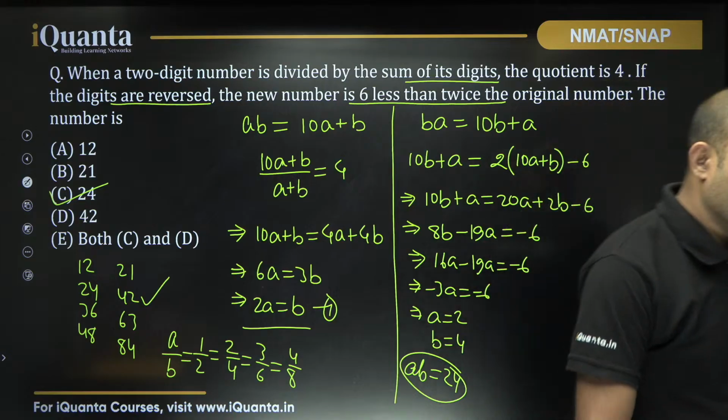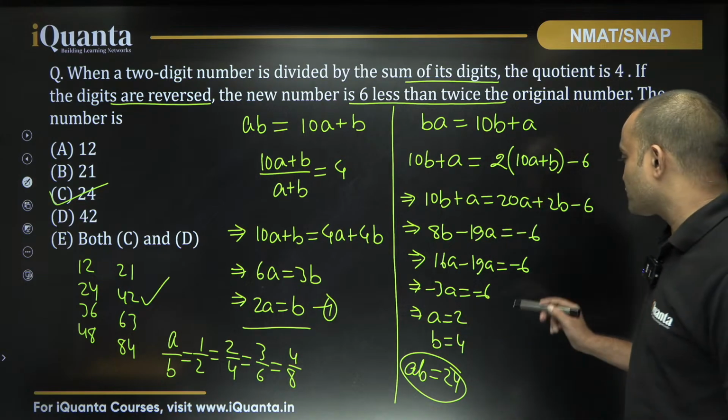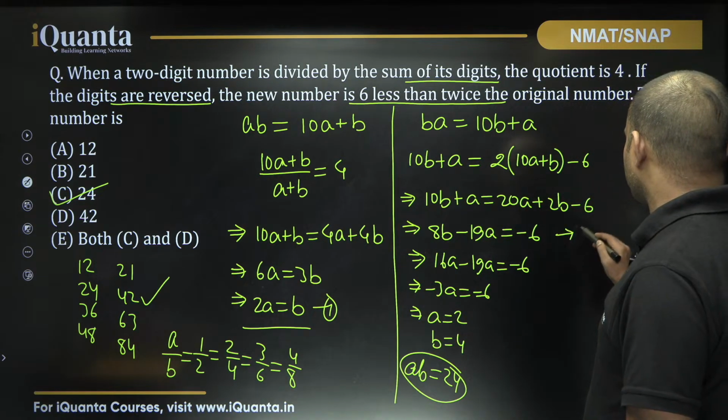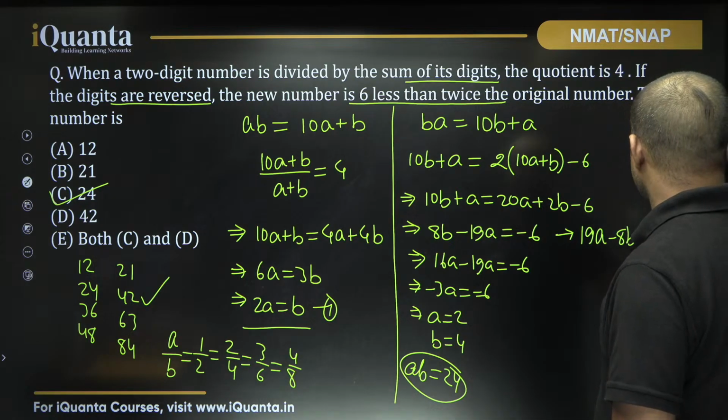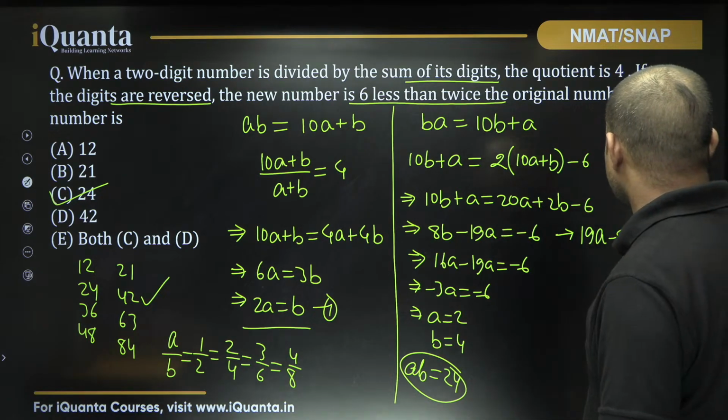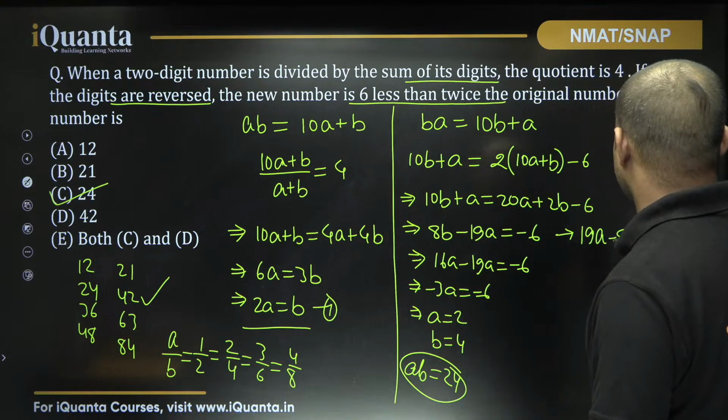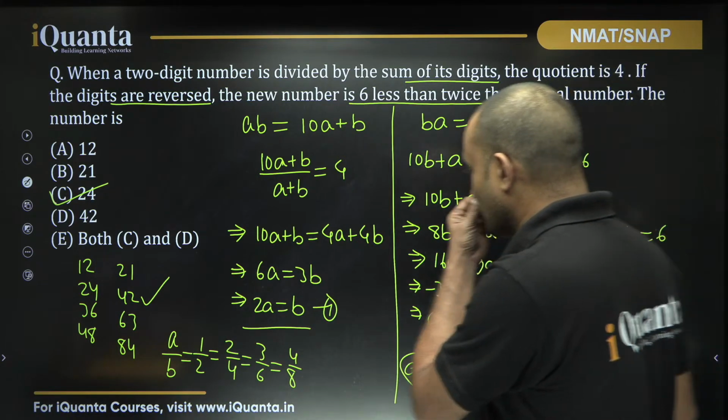See, if you don't follow this, then we will have to check multiple solutions. 19A minus 8B is equal to 6. What are the solutions that we can consider here? 19A minus 8B is equal to 6.